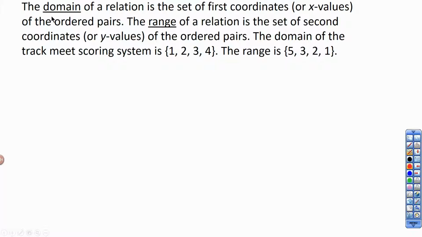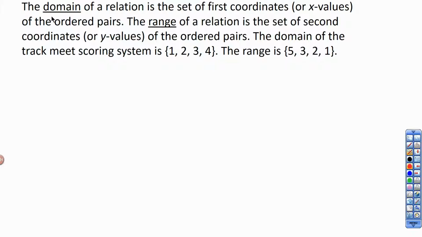The domain is the set of first coordinate values, or x values, of the ordered pairs. The range of the relation is the set of second coordinates, or y values, of the ordered pairs. The domain of the tracking scoring system is {1, 2, 3, 4}. The range is {5, 3, 2, 1}.